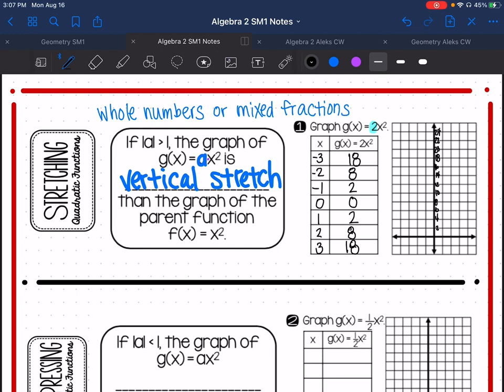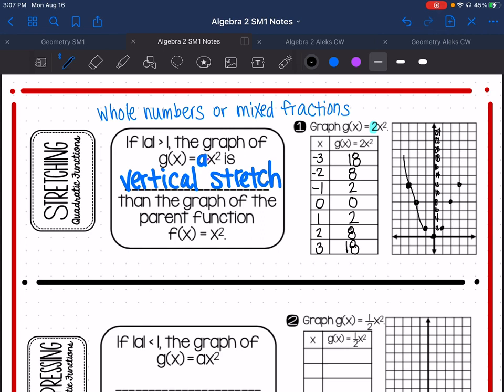And then I'm simply going to go by ones. So I have -3, 1, 2, 3, and 18. And then I have -2, and I have 8. I have -1, and I have 2, 0 and 0. And then I have the same on the other side. There we go, something like that.